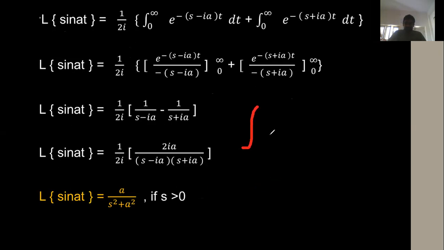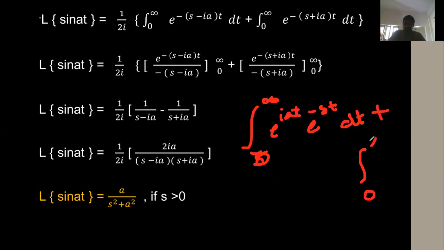That is the integration from 0 to infinity of e power i at into e power minus st dt as one integral function. Next, minus, again from 0 to infinity, e power minus i at into e power minus st dt. This is the another integral function.